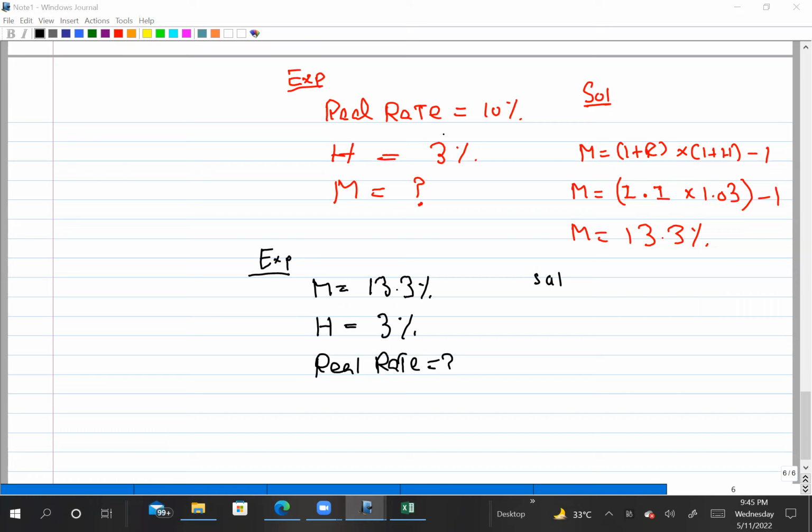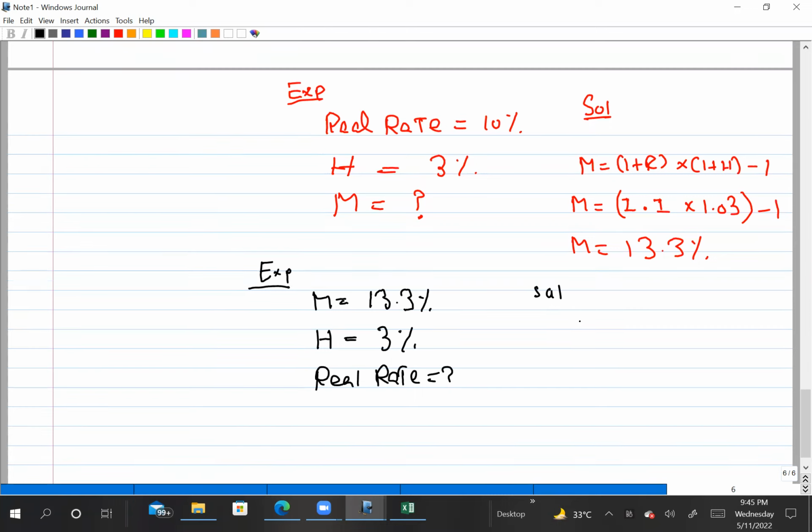In the Fischer effect, R will be equal to 1 plus M divided by 1 plus H, minus 1.